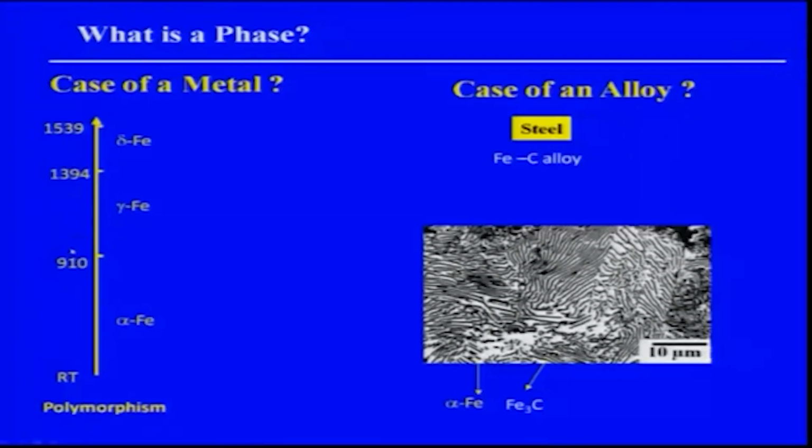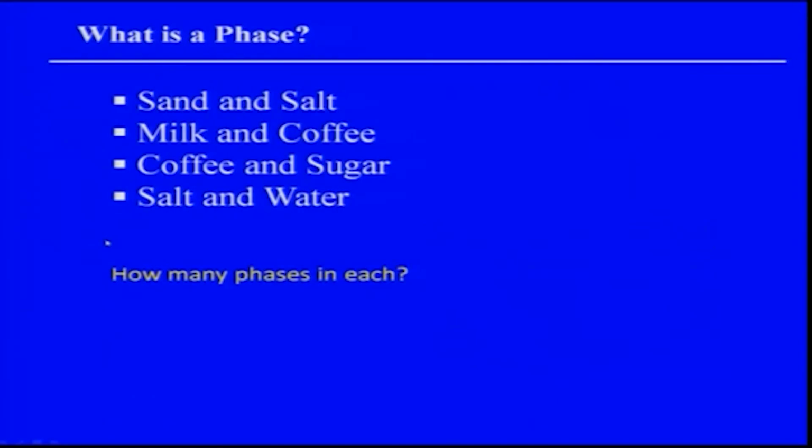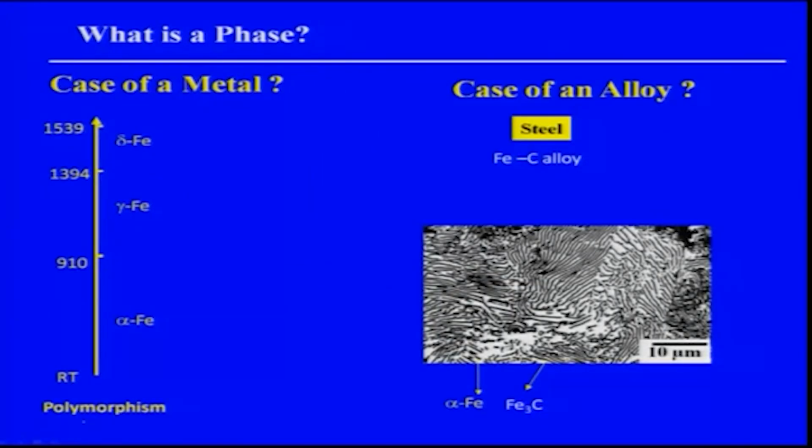What are they? From room temperature to 910 degrees Celsius, that is what is shown here, it is in body centered cubic structure, BCC. Once it goes above 910 degrees Celsius, it transforms to FCC. That is what we call gamma iron.